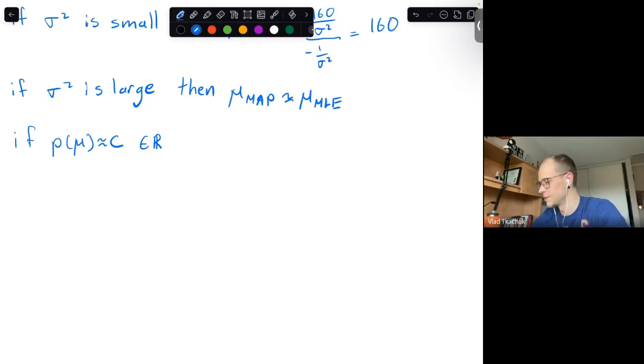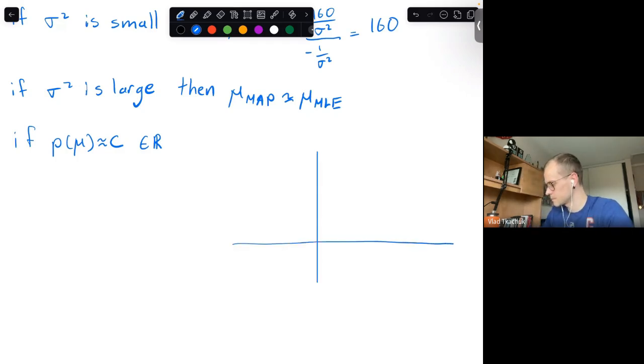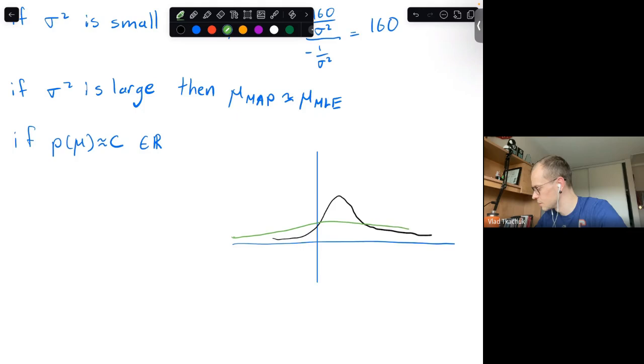And the plot is the following, if you might remember, for these normal distributions. Maybe this is some normal with variance one, and if you make the variance much larger, what you'll find is that the normal distribution looks as follows. It almost looks uniform. And so this is a large sigma squared.